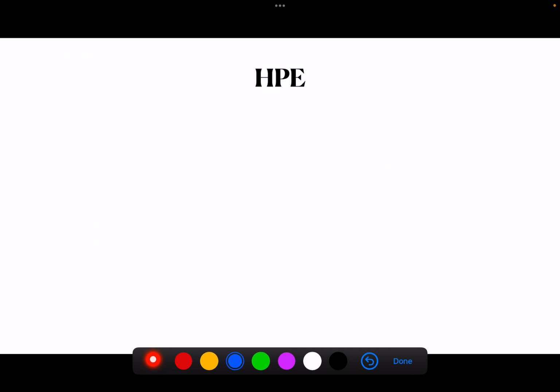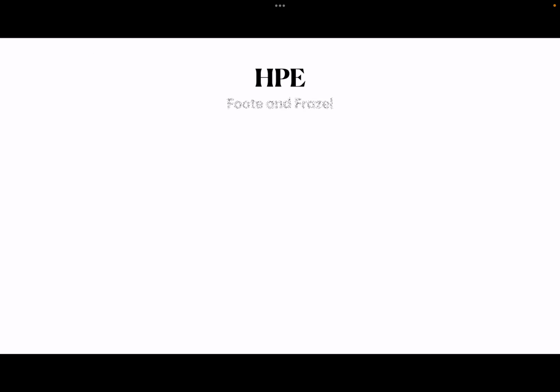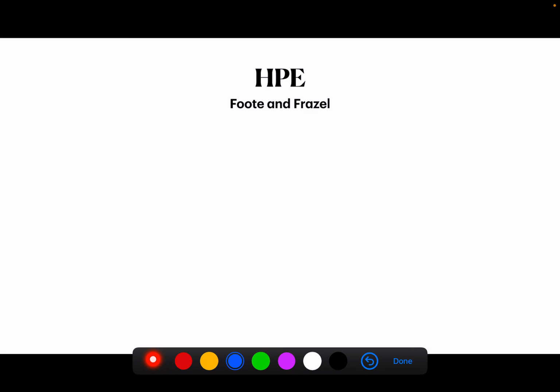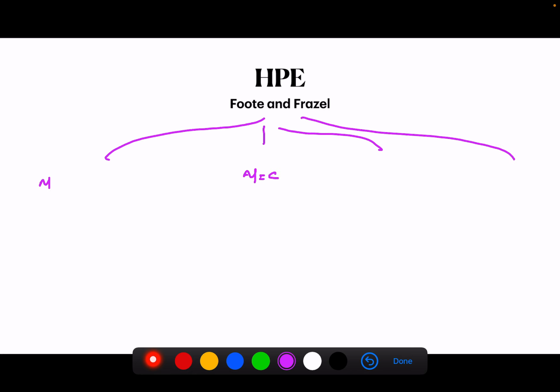Now coming to the histopathological examination, it was given by Foot and Frazell. So they classified it into 4 types. Just remember M is equal to C, is more, and C is very high. So the first category will be principally myxoid.